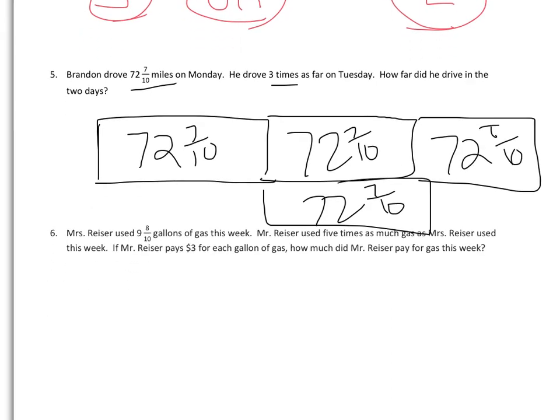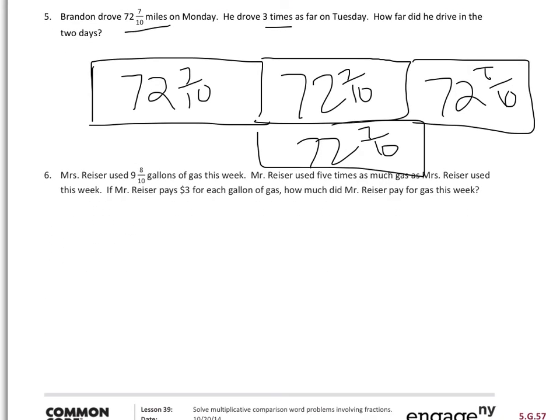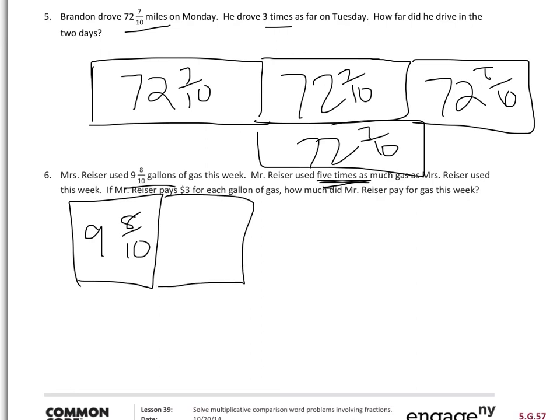Okay, the last problem, we're talking about 2 family members. Mrs. Reiser uses 9 8/10 gallons of gas. Mr. Reiser uses 5 times as much. If he pays $3 for each gallon, how much did Mr. Reiser pay for gas this week? If she uses 9 8/10 of a gallon, thinking about this as gasoline, he uses 5 times as much.